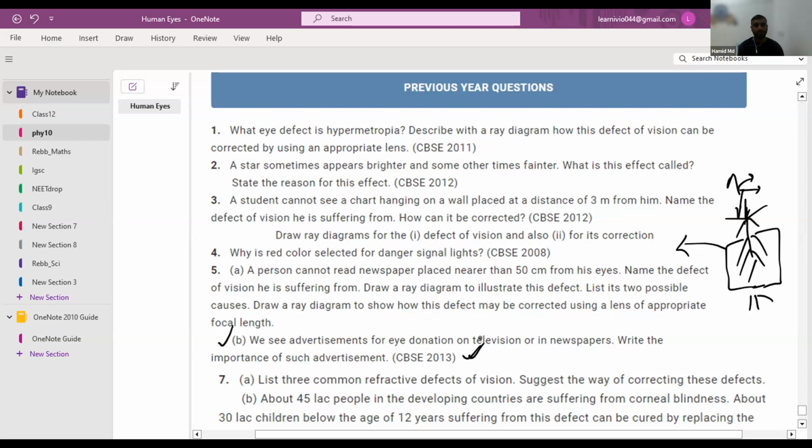What could be your response? To create awareness among people, and they can also try to do some stuff for eye donation to help people. Okay. Yes, the main purpose is awareness, right?